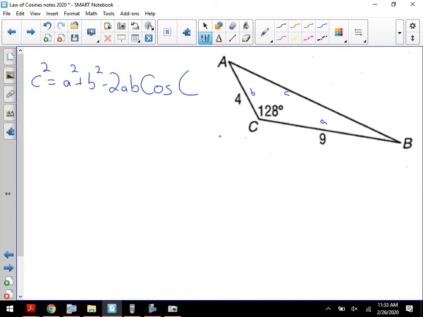We just need to fill in the blanks. C squared is 9 squared plus 4 squared minus 2 times 9 times 4 times the cosine of 128.